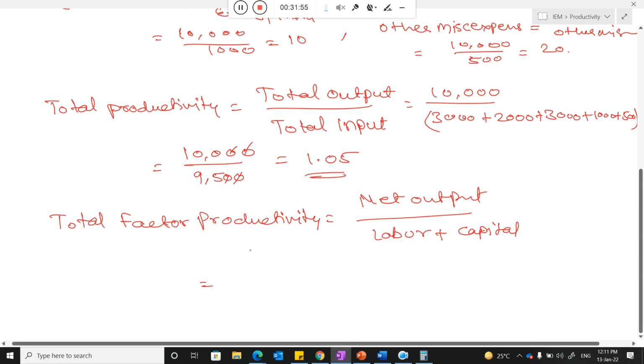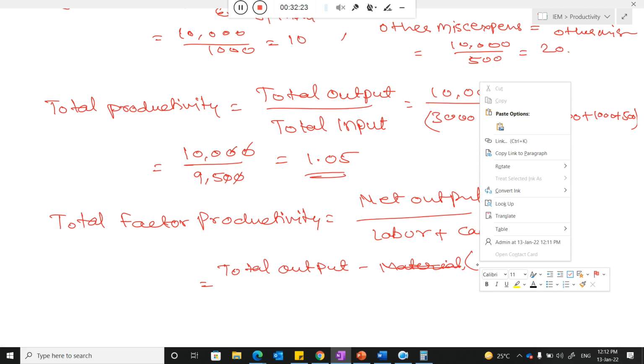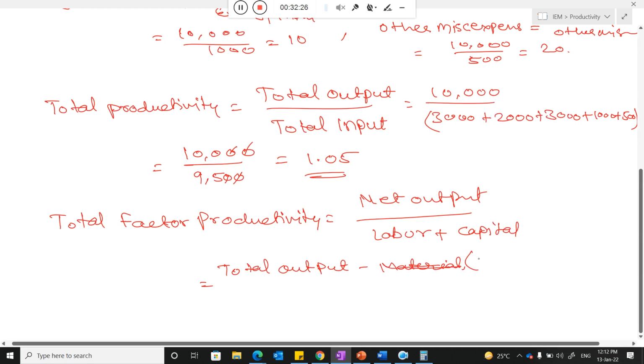Net output is nothing but the total output minus all the material costs, as well as the cost related to things other than labor and capital.